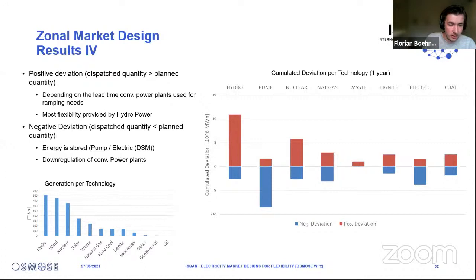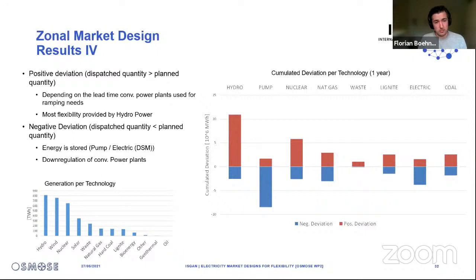And on the other hand, the blue bars on the bottom of the chart, the negative deviations are plotted. So we had to reduce energy, as I just said. And how does the JMM do this? As we can see, the second bar from the right, electric, meaning DSM, unit storages, electric vehicles.